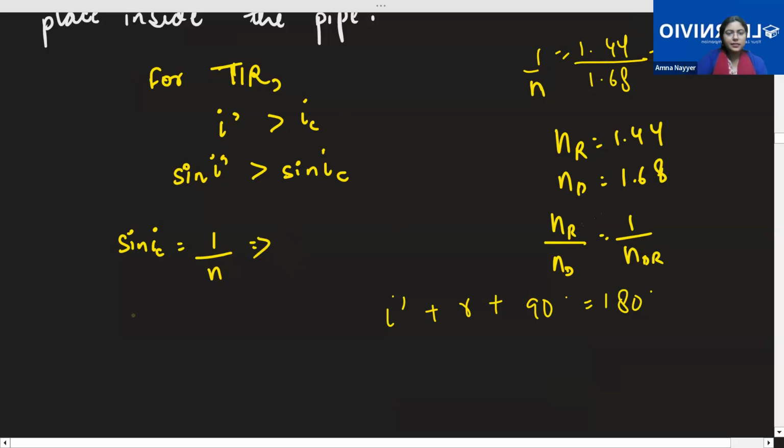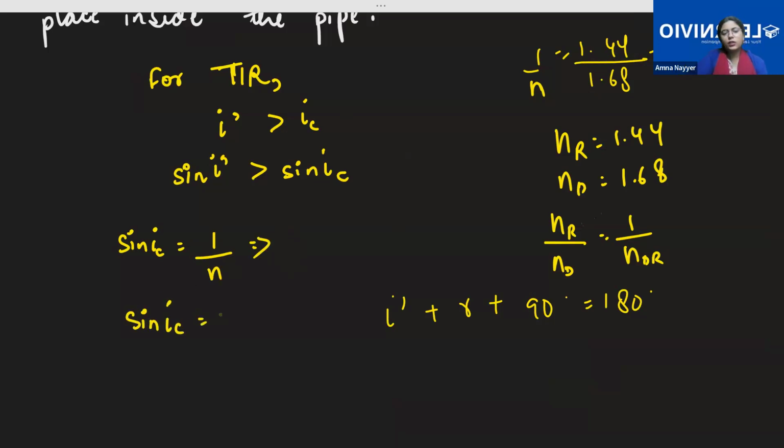So I can say sine IC is equal to 0.86. So that clears the fact that sine I dash is greater than or equal to 0.86. That's how we'll obtain the range.